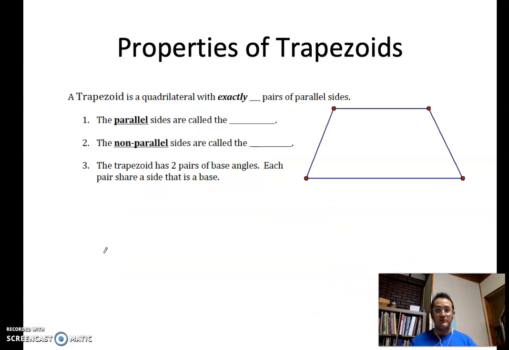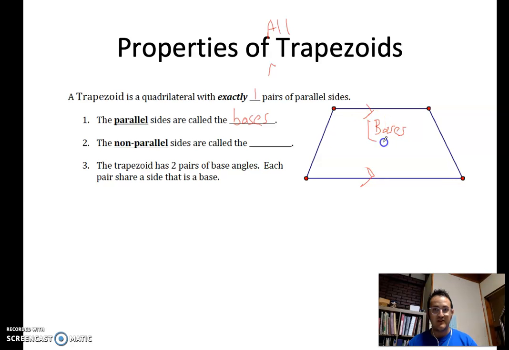All right, so here we're just going to talk about the non-isosceles trapezoids. So this is the property of all trapezoids, including isosceles. So we'll put all trapezoids here. Parallel sides are called bases, and there's only one pair of parallel sides. So I would encourage you to mark a picture.